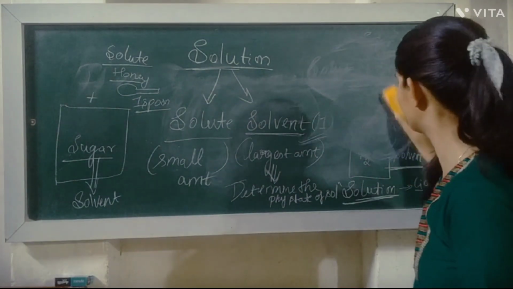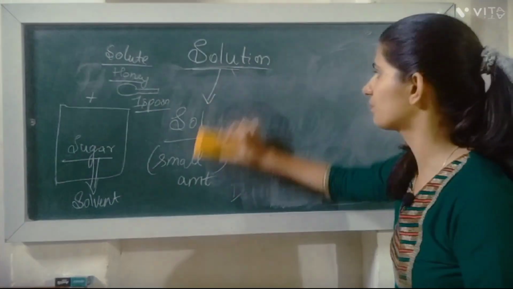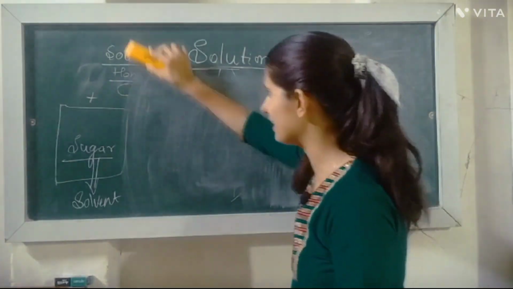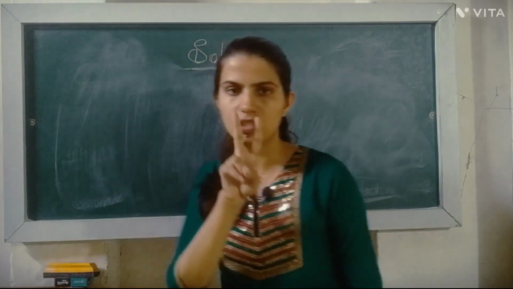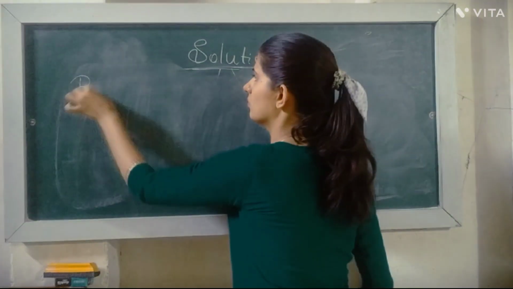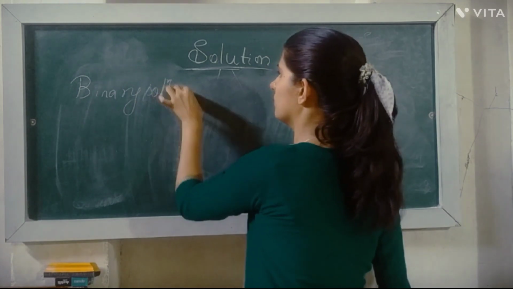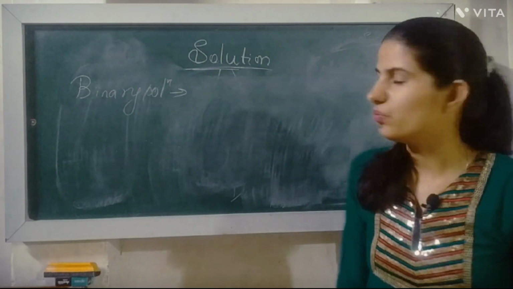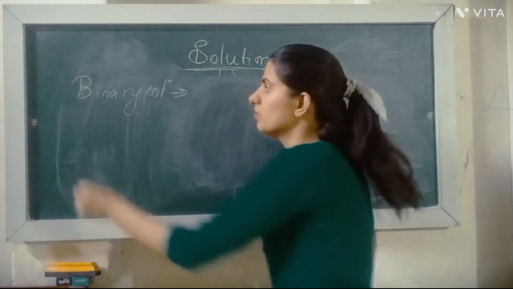Then we'll move on to what is binary solution. Bi means 2. The solution which is made of 2 components is known as binary solution, because bi means 2.